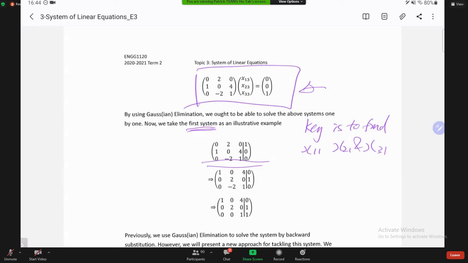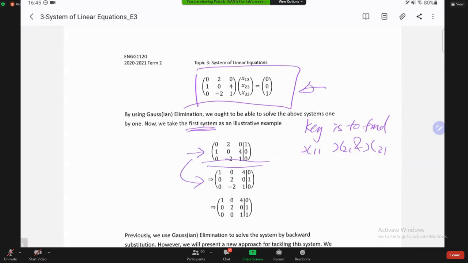Firstly, we start from this one, and I would like to change it to REF or RREF. Maybe I first stick to REF, and I move from the first matrix to the second matrix by applying elementary row operations.